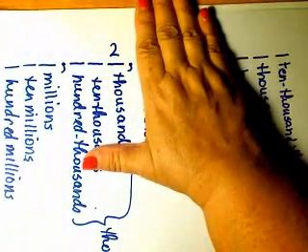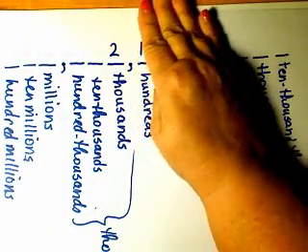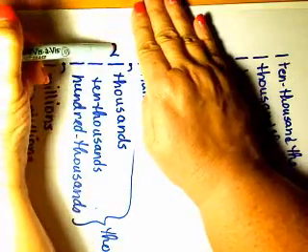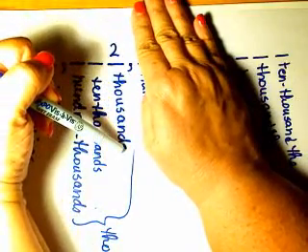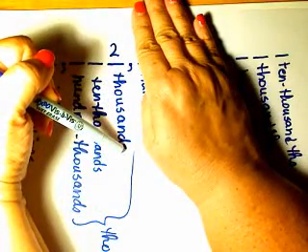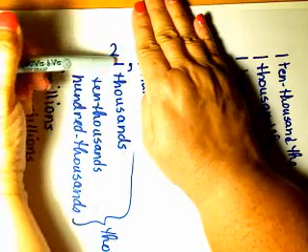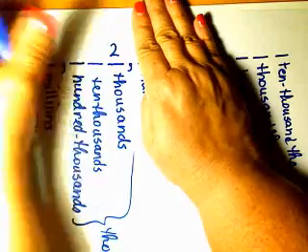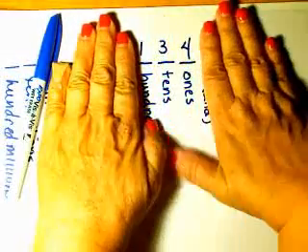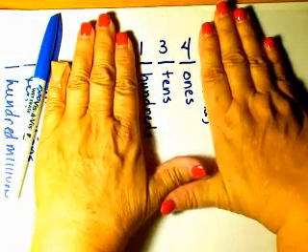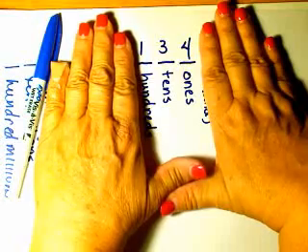So I would look at this and say 2, and then I'm going to read that place, thousands, or 2,000, because we don't want to put the S on it. 2,000. Then the next thing I'm going to read is the number just like it is. We're not going to say so many hundreds, so many tens, so many ones.